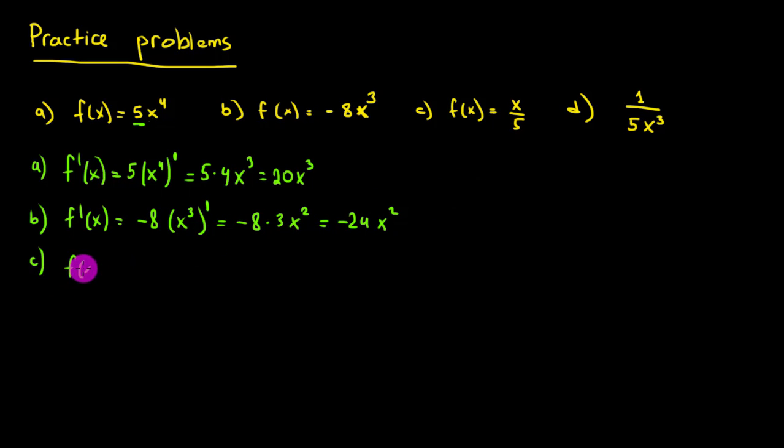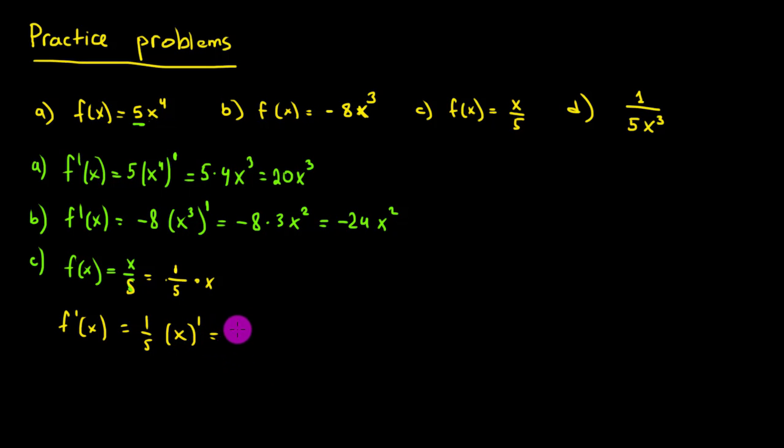Okay, this one is a bit tricky. x over 5. Here you should first find what your constant coefficient is. It is 1 over 5. Now let's find the derivative. It will be 1 over 5, you don't touch it, and you just find the derivative of x.